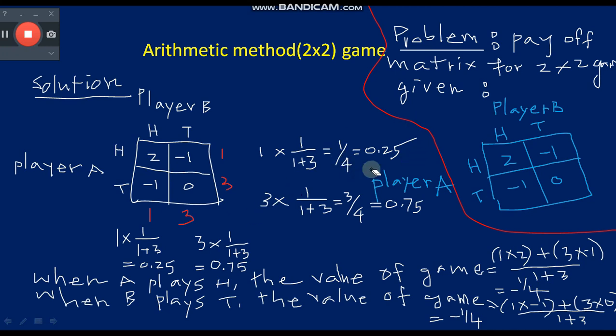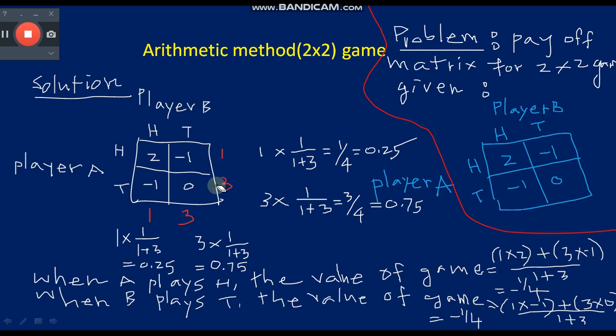Now how do we find the percentage? The percentage of using the first strategy by player A, and the fraction he is using for the second strategy. We write this 1 plus this 3 as the denominator. So out of 4, 1 is the share player A uses for the first strategy.